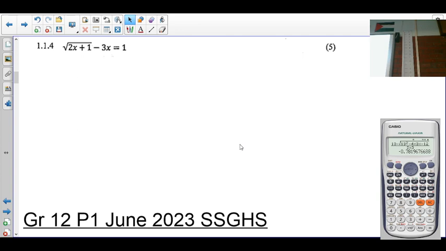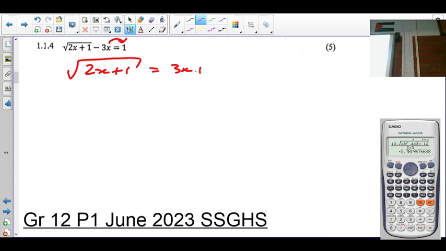The first step is to isolate the root, to get the root on its own. So I'm going to take that negative 3x over the equal sign. So it becomes the square root of 2x plus 1 is equal to 3x plus 1. Now I can square both sides, which now gives me 2x plus 1 is equal to 9x squared plus 6x plus 1.